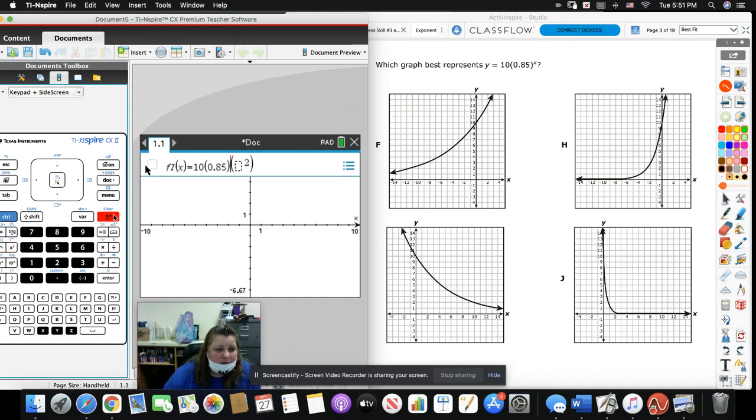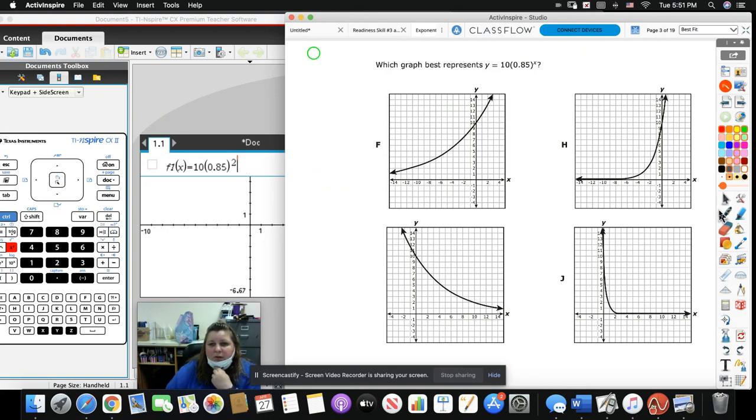Oops, not caret squared. Now real quick, based on what we talked about earlier, here's a 10. That's my y-intercept. So crossing the y-axis should be at 10. That one's at 10. This one looks like it's probably at 10, and this one. So that doesn't eliminate any answer choices.